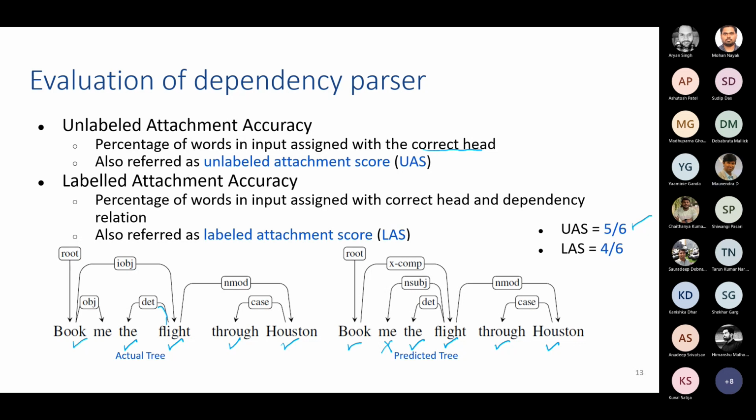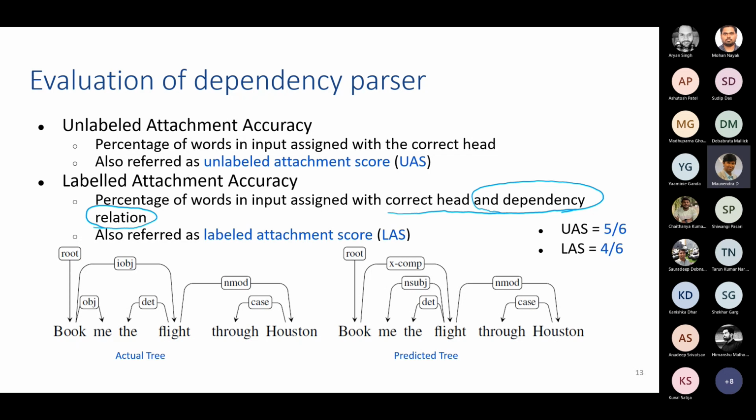Now, if we consider the labels as well, the edge labels, then we get the labeled attachment accuracy. So for that, the percentage of words in input assigned with the correct head and dependency relation. So this comes additionally, the dependency relation. Again, let us see.